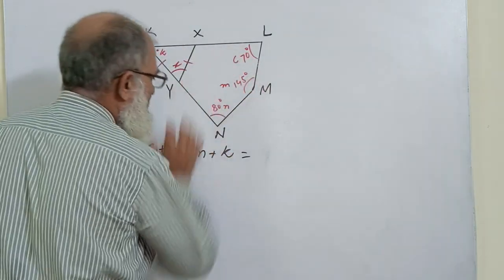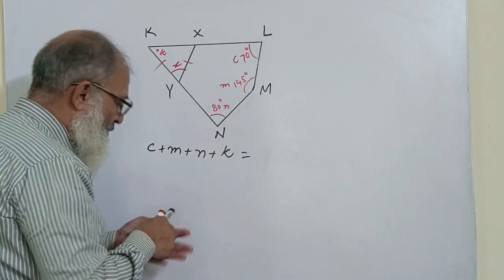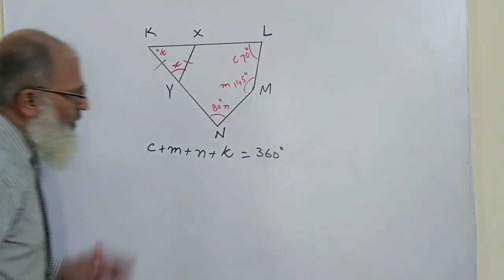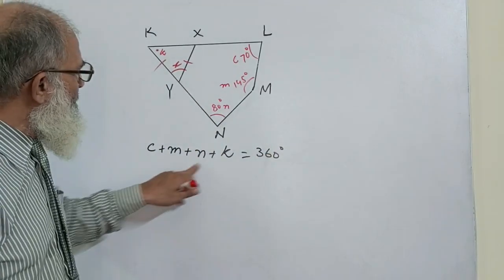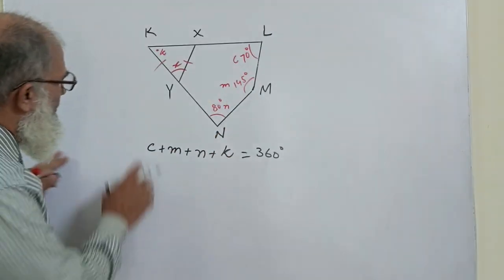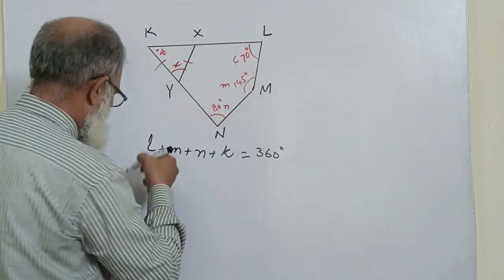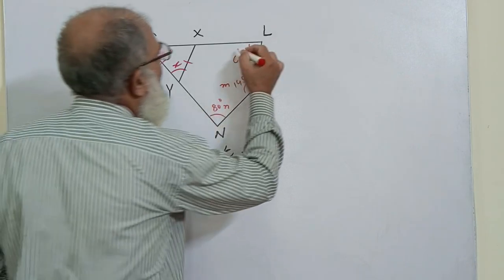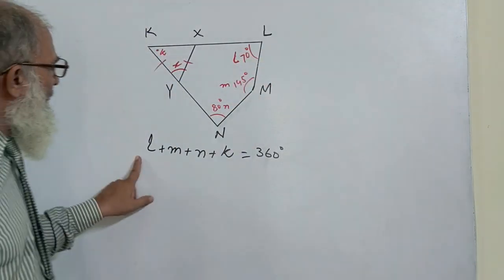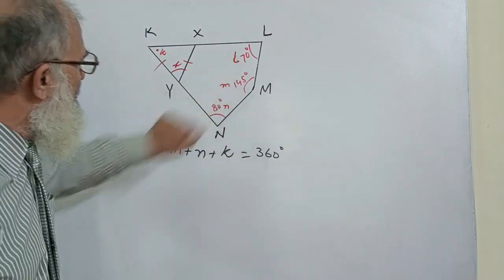Now, what does it mean? Angle L plus M plus N plus K should be equal to 360 degrees.